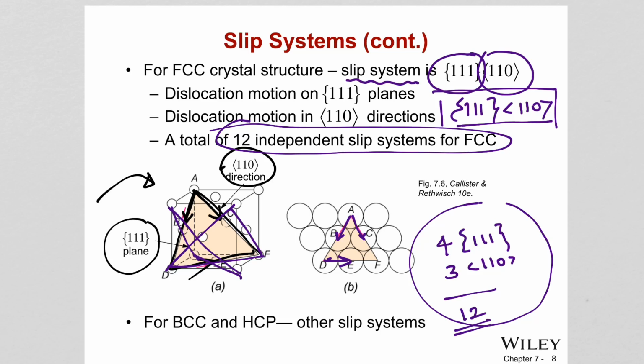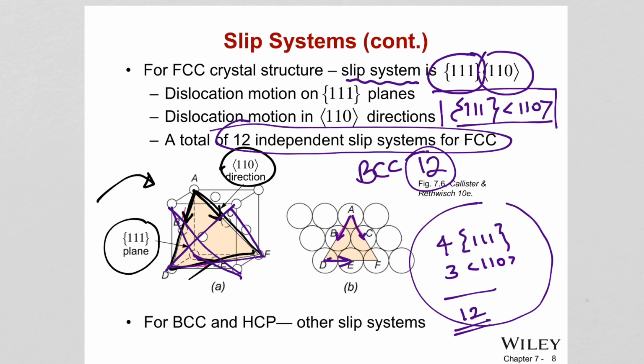So 110, 211, 321, those are all possible planes that slip can happen on. And for BCC also, 12 slip systems are identified, at least 12.